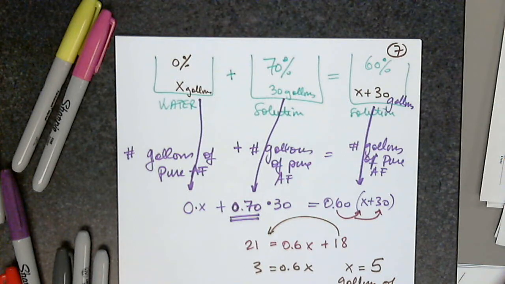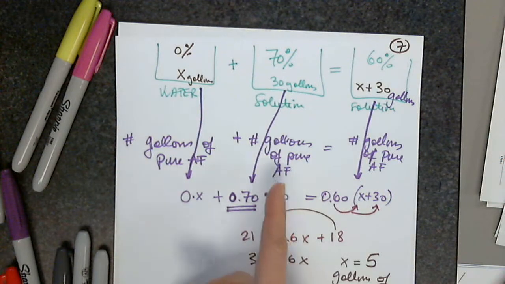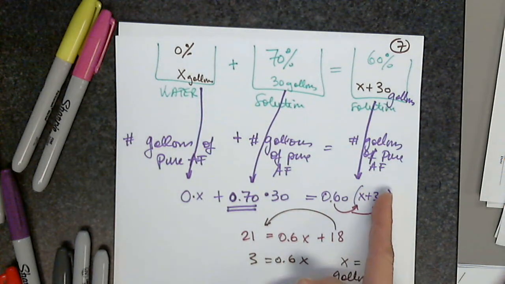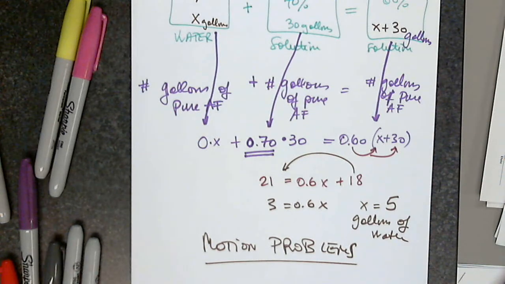So if you have 3 apples and I give you 2, then you have 5 apples, correct? So I cannot consider this one in water and this one in antifreeze and this one in something else. So I had to be consistent. Now let's write the same equation, an equation for the same problem, this time in the number of gallons of pure water.